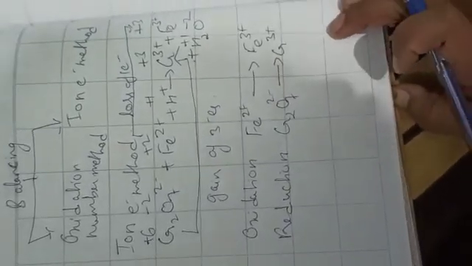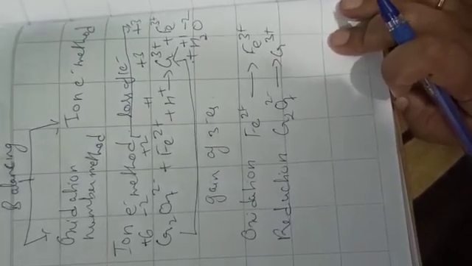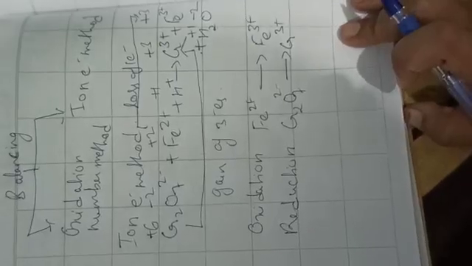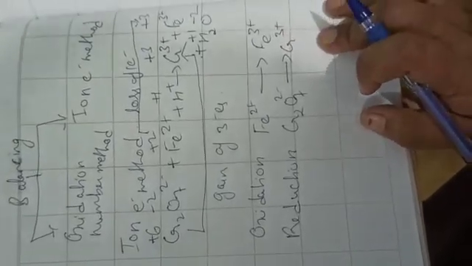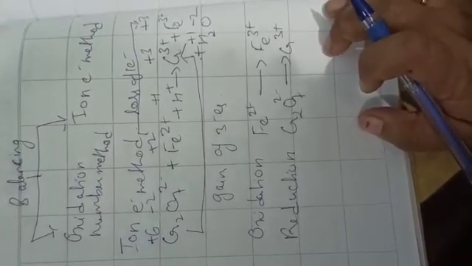Okay, so for this, students, we have to balance each and every half reaction separately. We have to balance the reduction half and also the oxidation half, one by one.